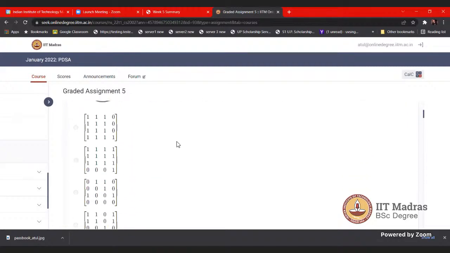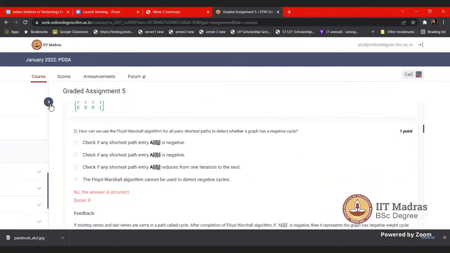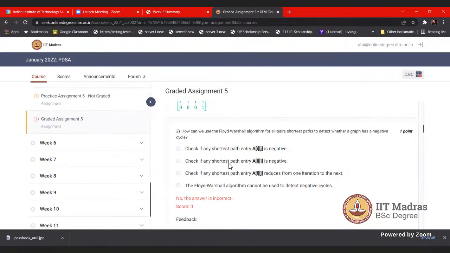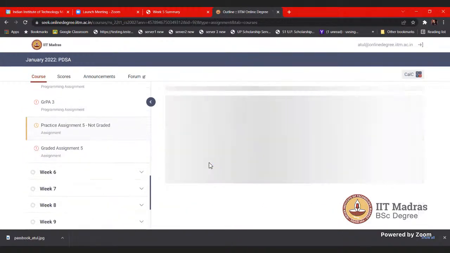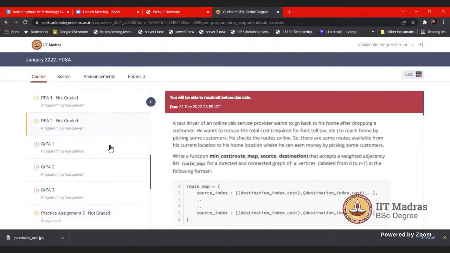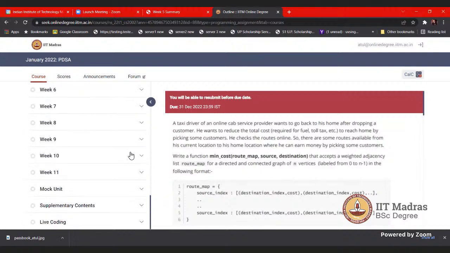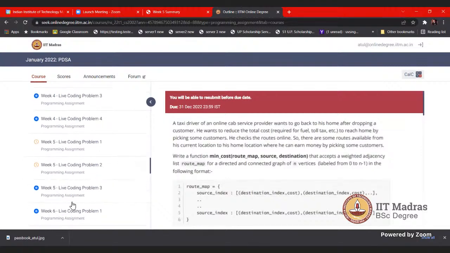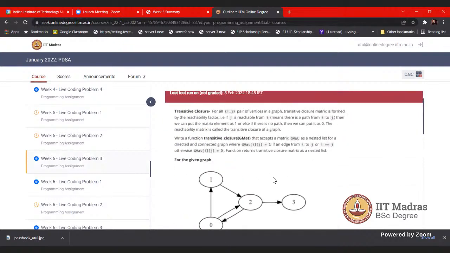I think one problem on this is also given in one of the assignments. Using this, you can find the matrix. It's one of the practice assignments, I think. Yes, this problem is given.